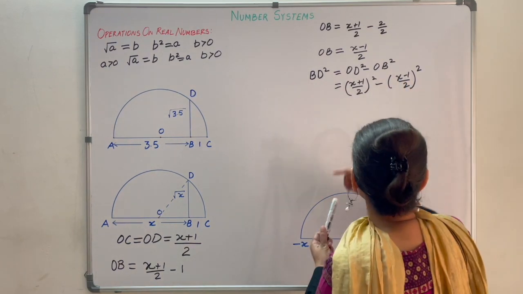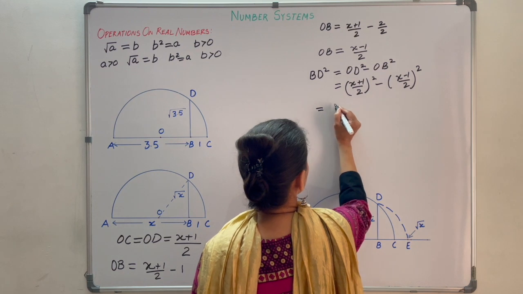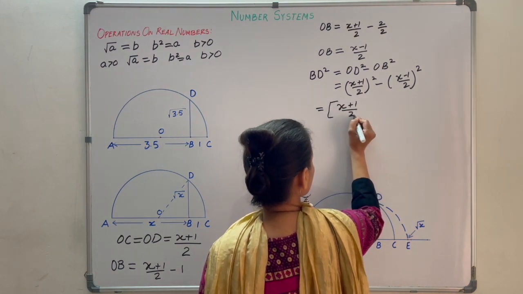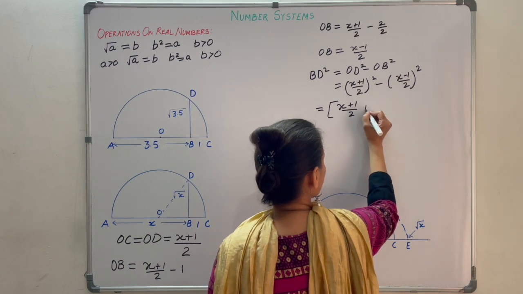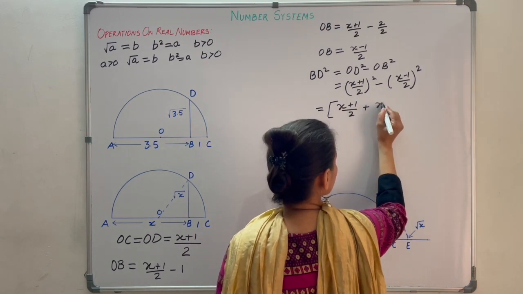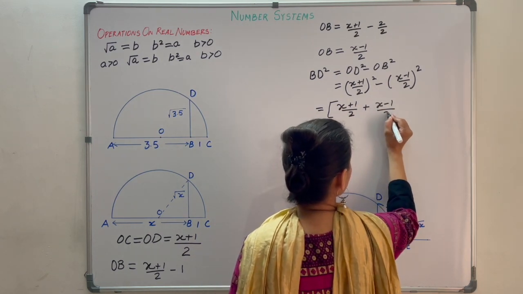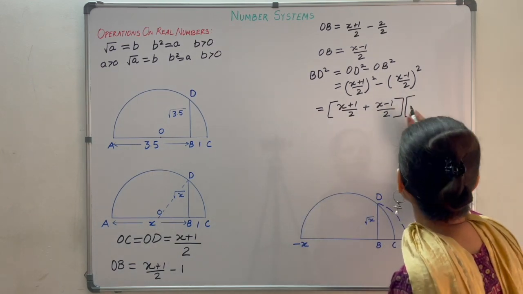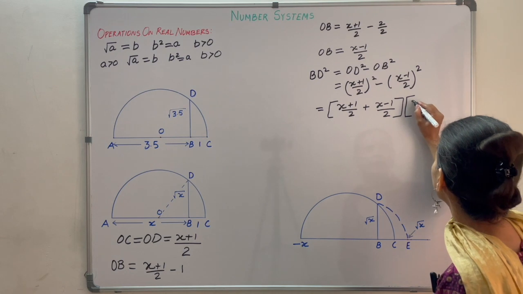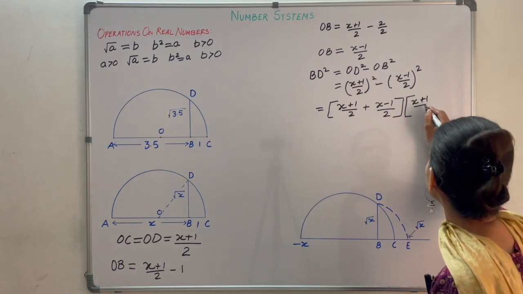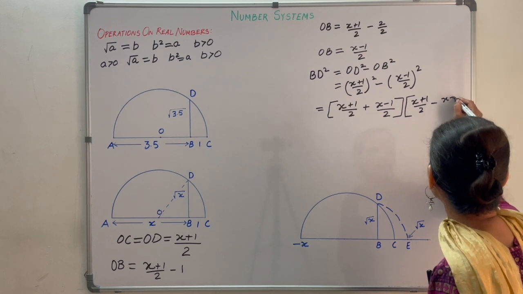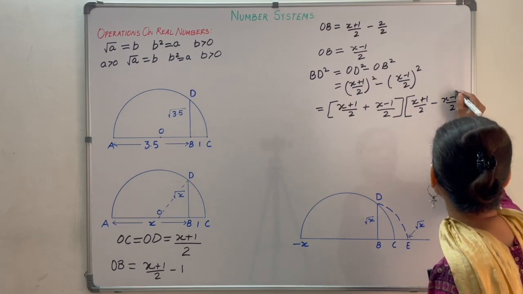So a plus b, how much will it be? a is (x plus 1)/2. This is a plus b. This is your b, so (x minus 1)/2, into, now we will do a minus b. a is (x plus 1)/2 minus b, which is (x minus 1)/2.